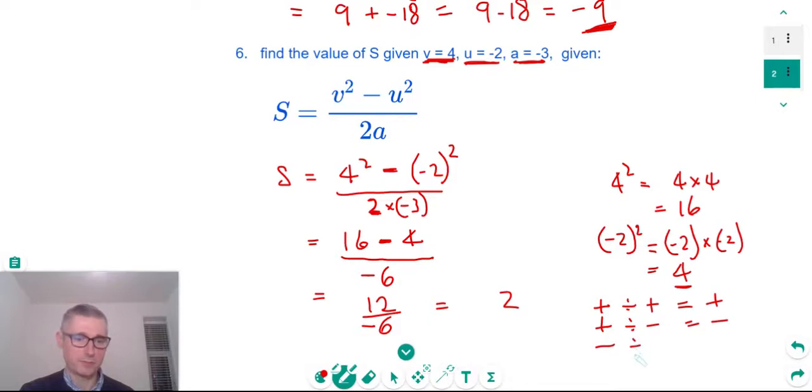Negative divided by positive would again give me a negative answer. And negative divided by negative would actually give me a positive answer. So what we've got, because a fraction means the top divided by the bottom, is a positive divided by a negative. So the answer is going to be negative. And that's it. That's our answer to that one.